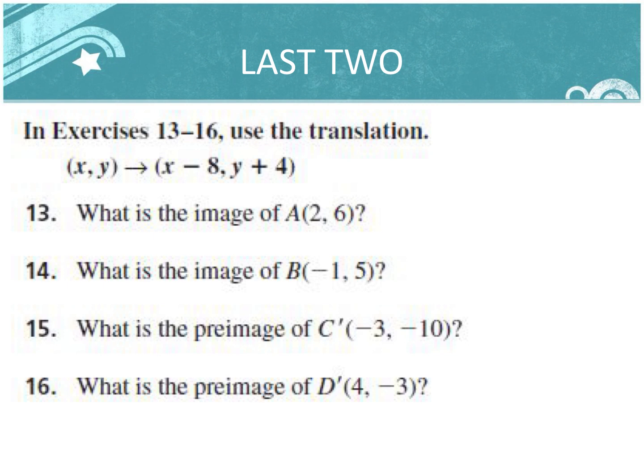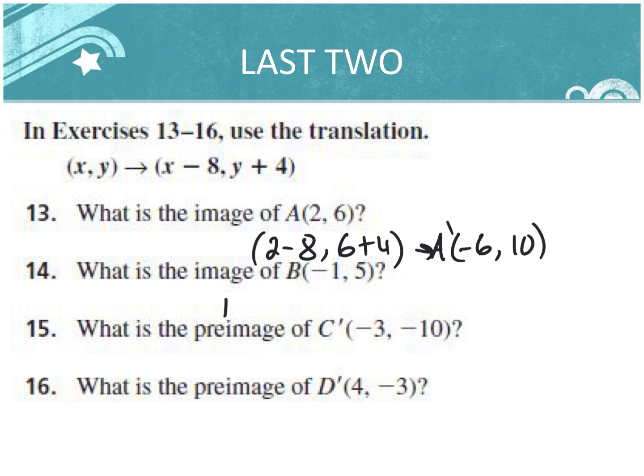All we've got to do, since we're plugging it into the rule, it's going to be 2 minus 8, 6 plus 4. So A prime is going to be 2 minus 8 is -6, and 6 plus 4 is 10.